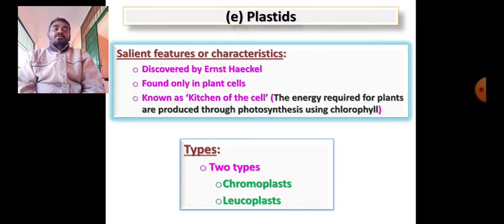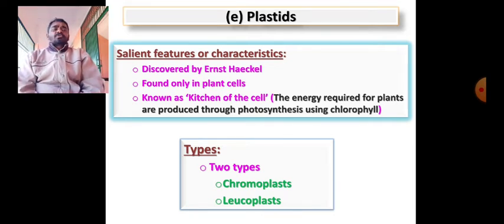So when you don't know the kitchen of the cell is chloroplast, you will not be able to describe, right? That is the reason nicknames are being shared. So why are they called kitchen of the cell? Because the energy required for plants is produced through a process called photosynthesis using chlorophyll in these plastids. That is why they are called kitchen of the cell.